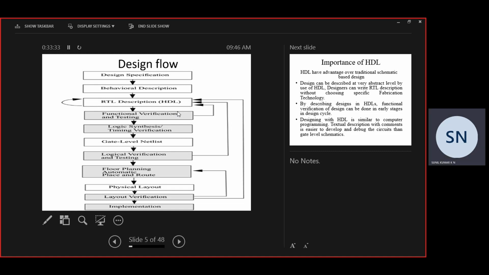NMOS N1: drain, source, gate. N1 drain is Y1. Then NMOS N2, and N3.